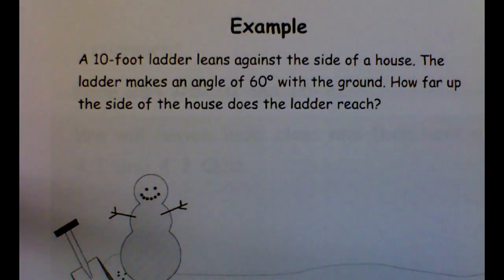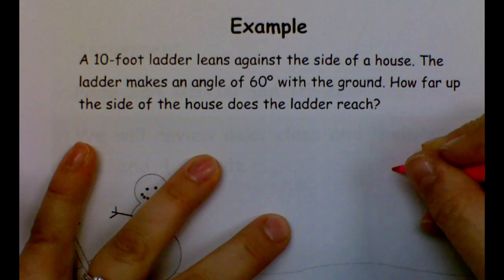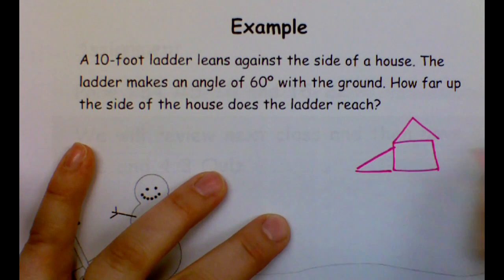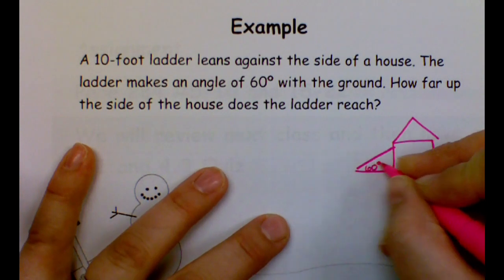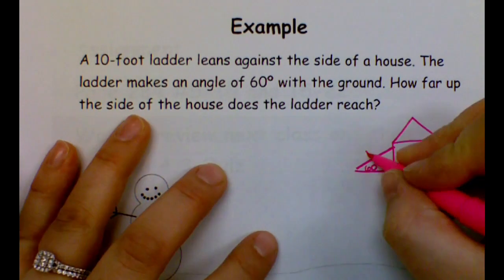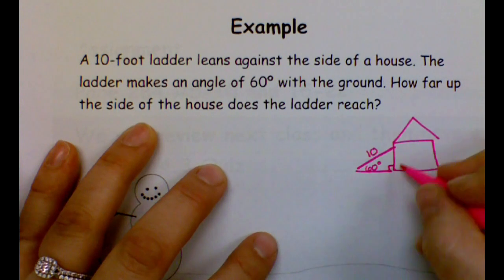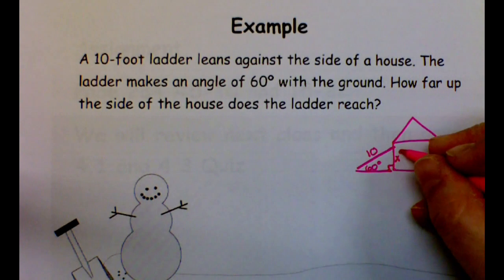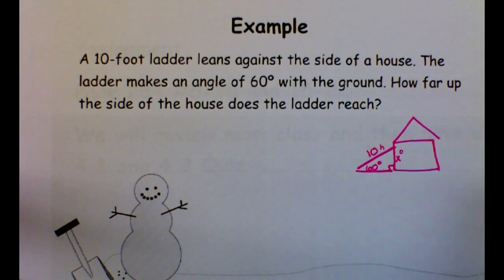And one final problem: a 10-foot ladder leans against the side of a house. The ladder makes an angle of 60 degrees with the ground. How far up the side of the house does the ladder reach? So, my little picture here. Here's my house. I got a ladder and the ground. 60 degrees with the ground. The ladder is 10 feet, so there's my ladder. I want to know how far up the side of the house. Well, my x is the opposite. My 10 is the hypotenuse.